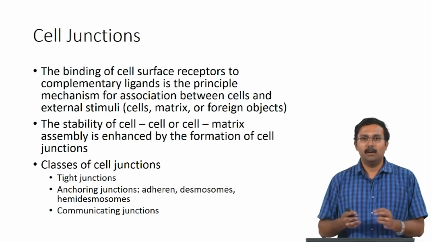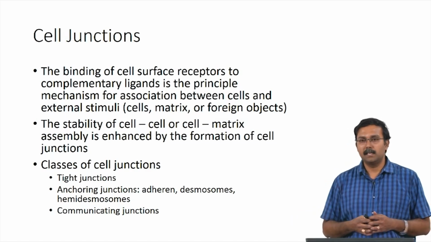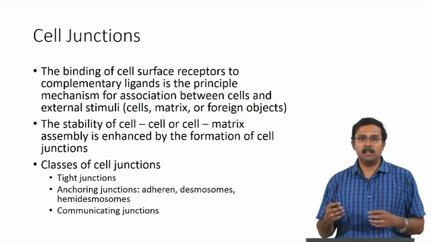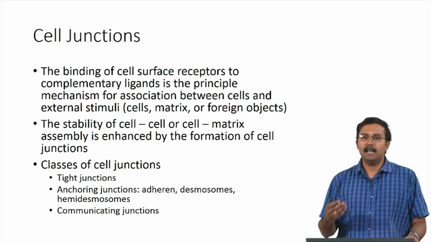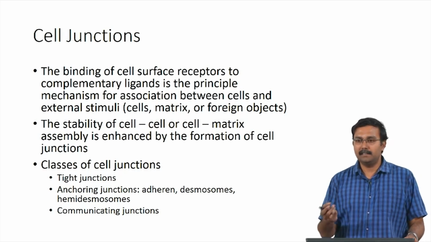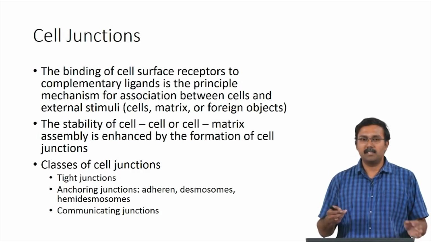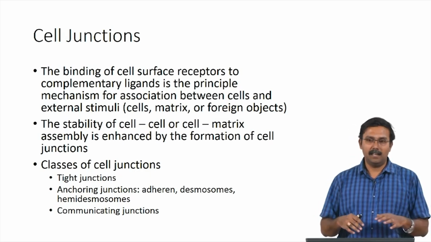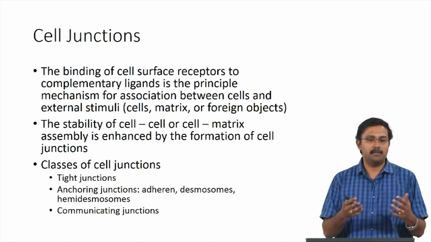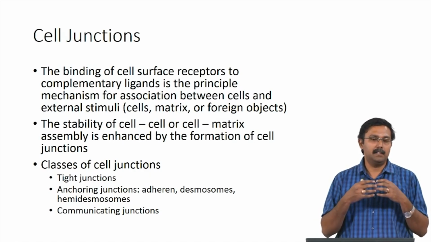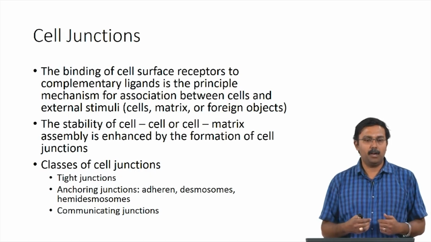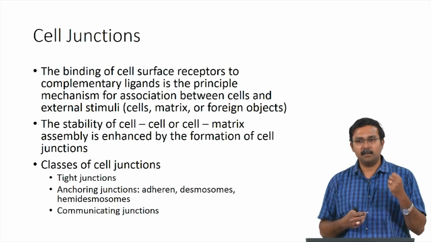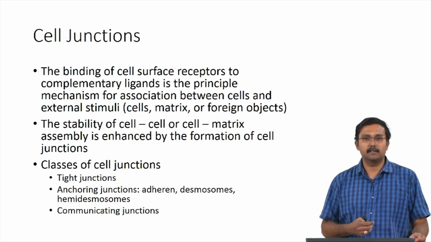So, we would have to figure out how this interaction happens. The stability of these cell or cell matrix assembly can be enhanced by formation of these cell junctions, right. So, instead of just having physical attachments, non-specific physical forces, if you can have these specific junctions which are formed, then you are going to have much tighter and much stronger interactions.